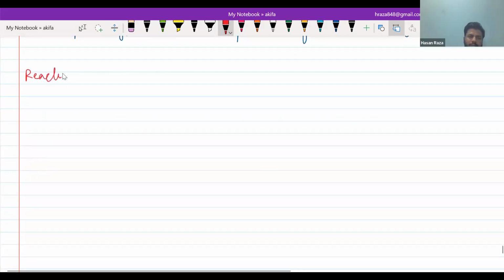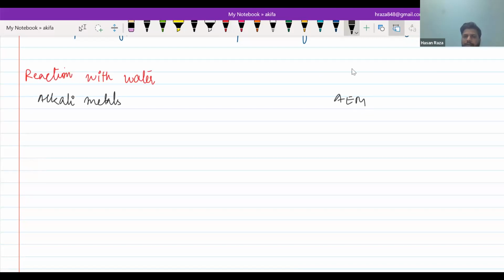Now write reaction with water. So if I take the reaction with water for alkali metals, and here for alkaline earth metals. Take a general case: 2M with 2H2O will give 2MOH, that is metal hydroxide, plus H2.